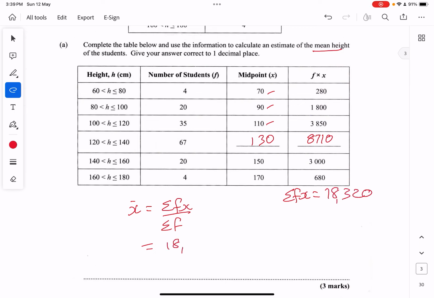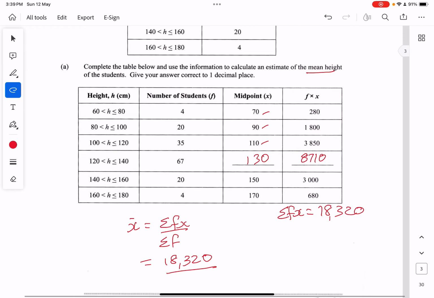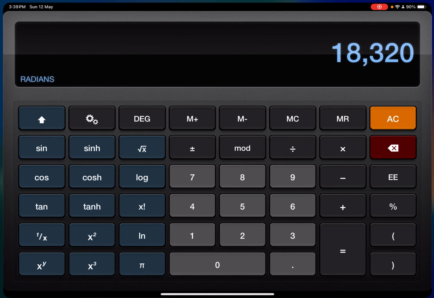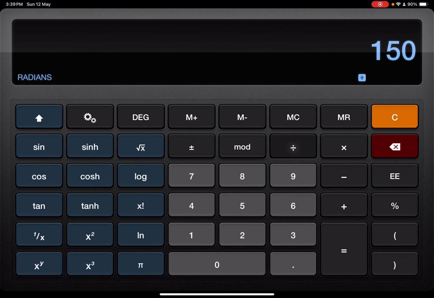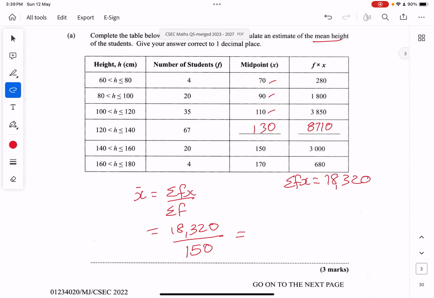So we have 18,320 over our sum of f, which we got from before, was 150 students. So divided by 150, and we're going to get 122.13 cm.